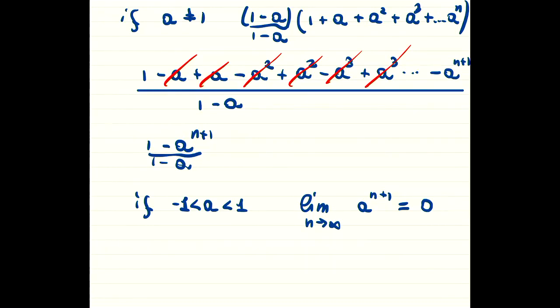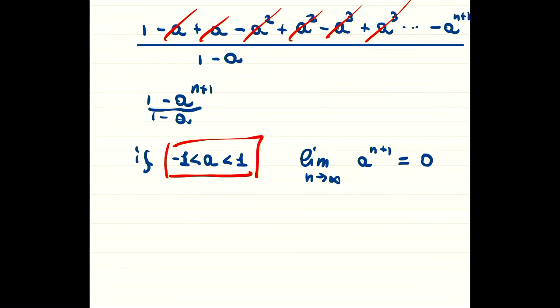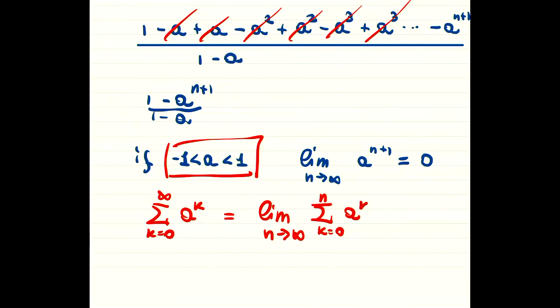So for this particular case that I'm highlighting, what we get is that the sum of a to the power k, going from 0 to infinity, is equal to the limit as n goes to infinity, which is exactly the definition of this sum in this particular case.